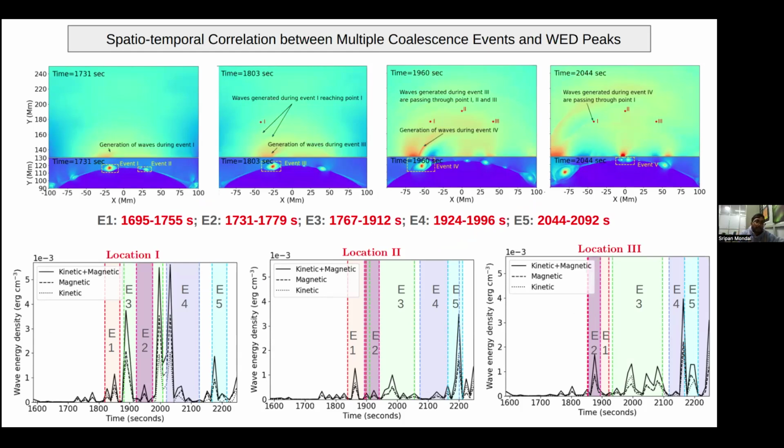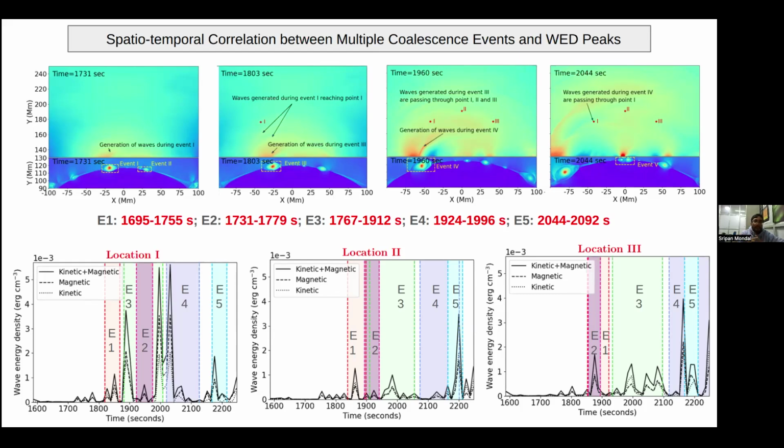Rather, what we have done is we have taken 5 specific events here, and for each event we track the center of the coiled plasmoid. For example, these E1, E2, E3, E4, E5, we have 5 events.